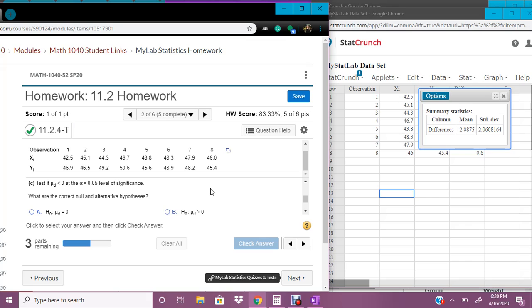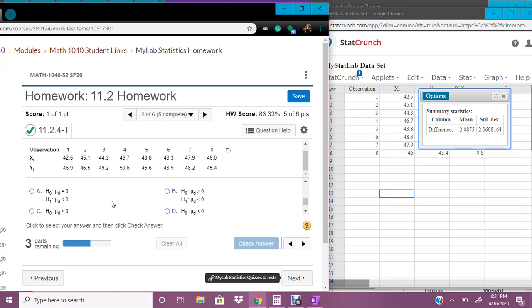Okay, now this is what we've been doing in the past, except for what we were doing in 11.1 with the two samples. But we're looking at the mean of differences.